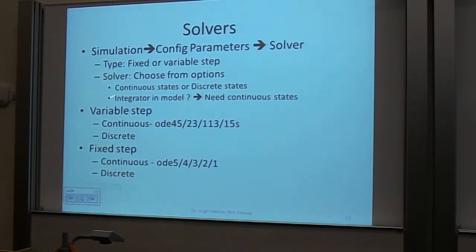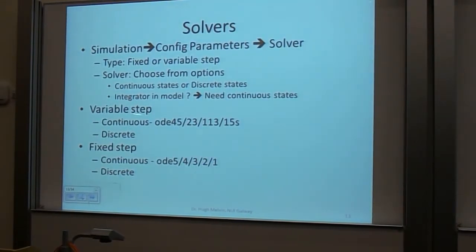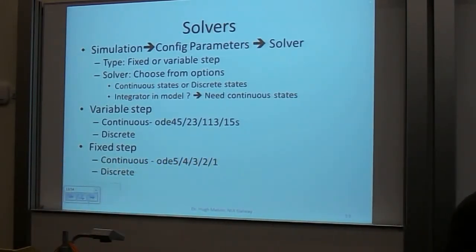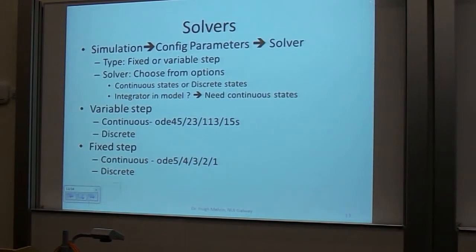Now, a general rule of thumb, if you have an integrator in your model, you need to use continuous solvers. But as you can see here, you have variable step and fixed step, and that's a very simple approach. It's either, is the step size constant, or is it variable? Are you going to let Simulink decide itself whether the step size is going to change as the parameters change, or are you setting a fixed step for each as you go from start to finish?